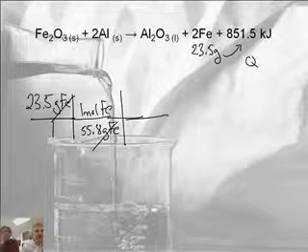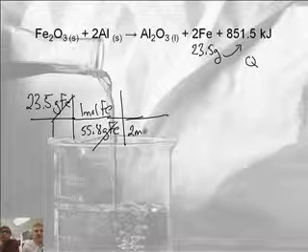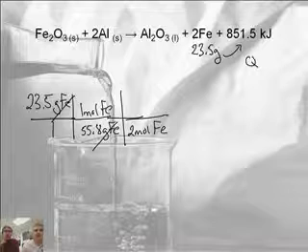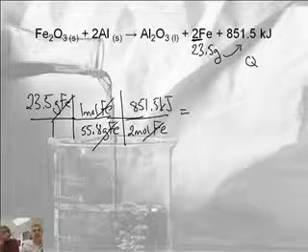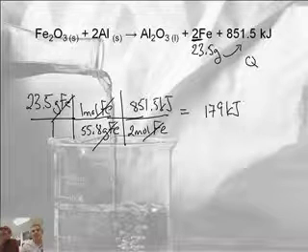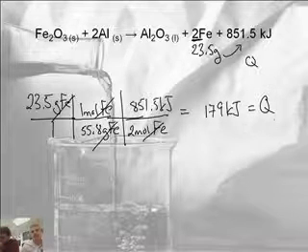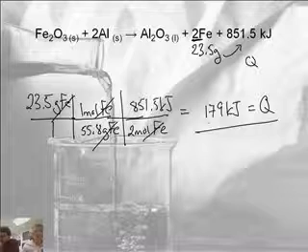Now I'm going to use the mole to kilojoule ratio: 2 moles of iron, which I get from the 2 in the coefficient, is 851.5 kilojoules. My moles of iron cancel, and I get 179 kilojoules. That's equal to Q.